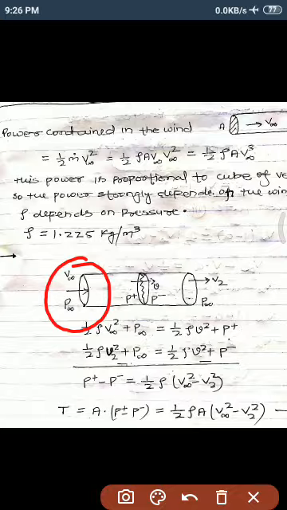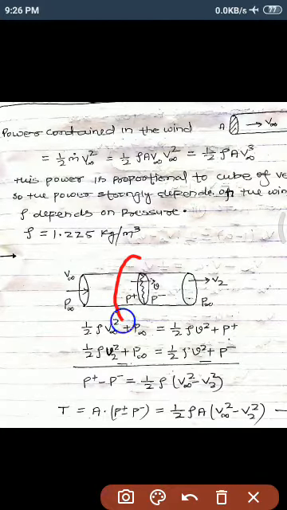What Bernoulli's principle says is that the summation of pressure and the energy half rho v square remains constant at every point of this cylinder. So the summation of pressure and kinetic energy at this end can be written as p infinite plus half rho v infinite square.